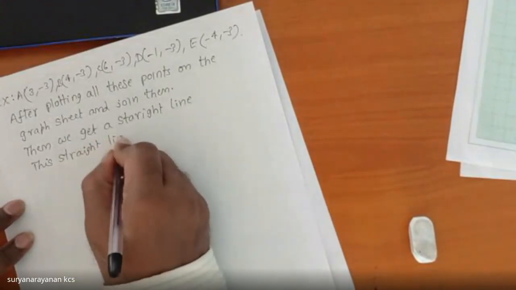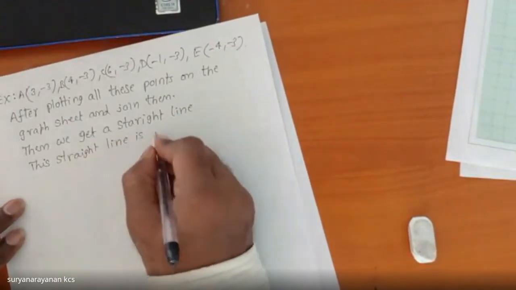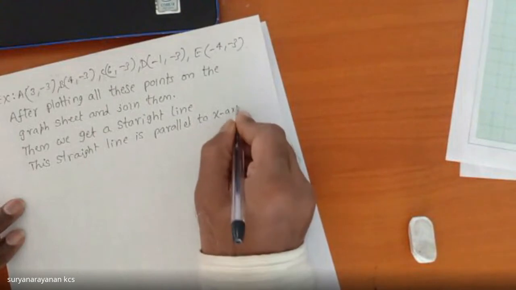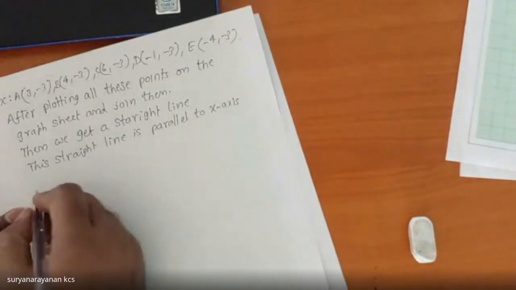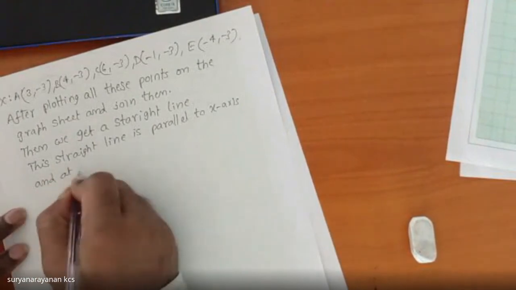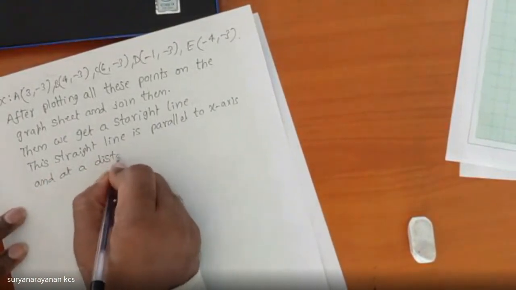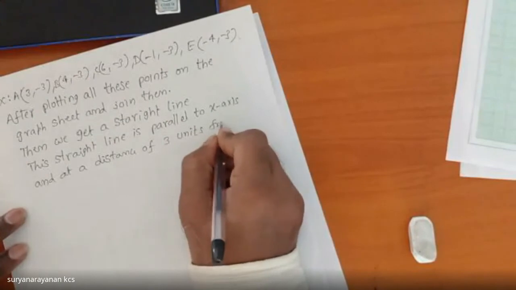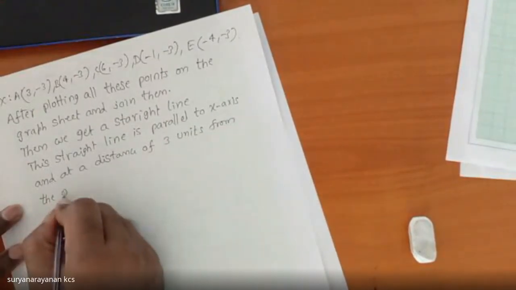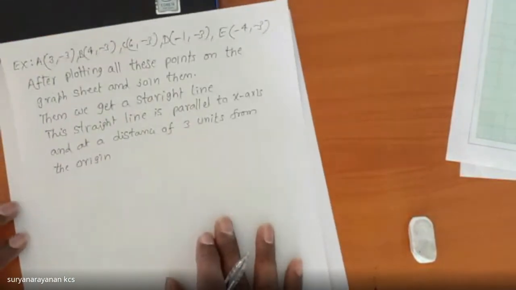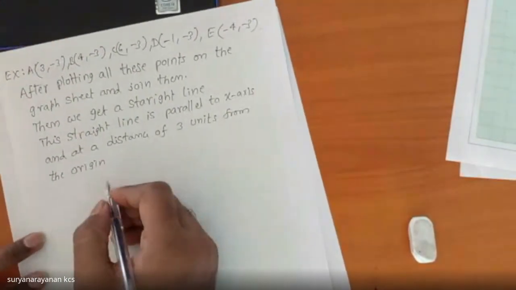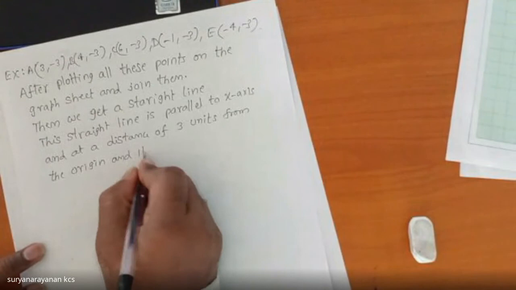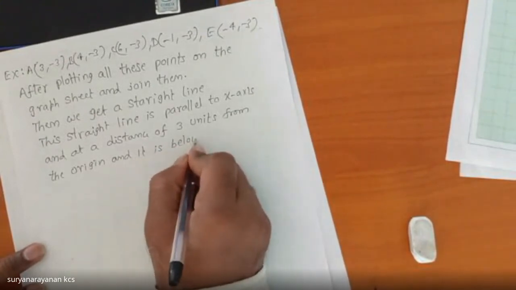This straight line is parallel to the x-axis, and it is at a distance of 3 units from the origin, and it is below the origin.